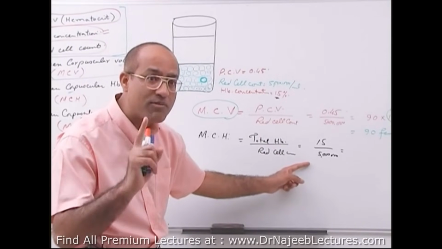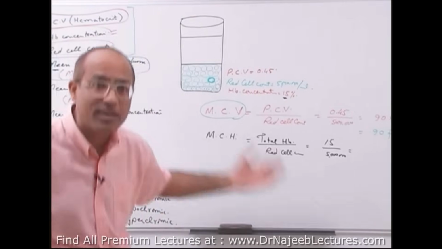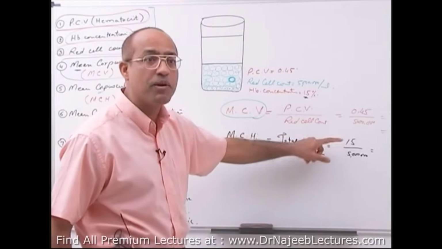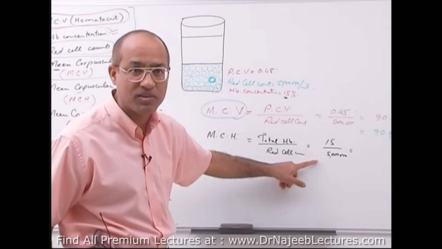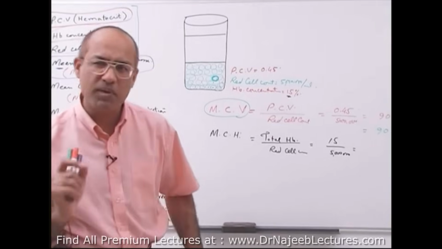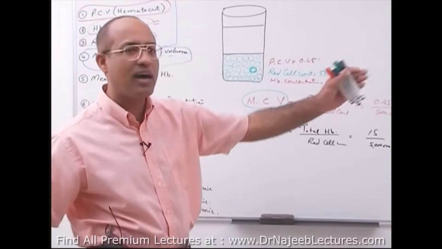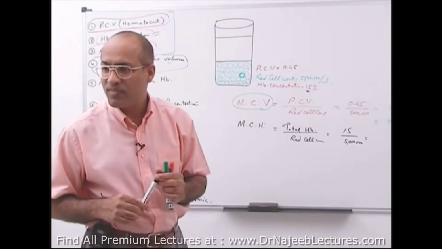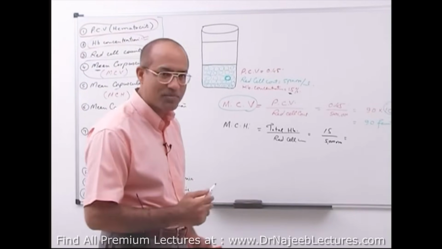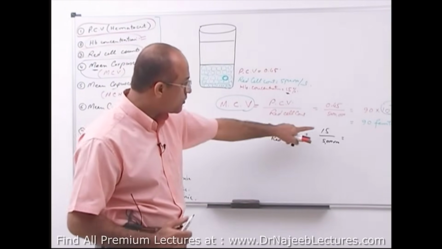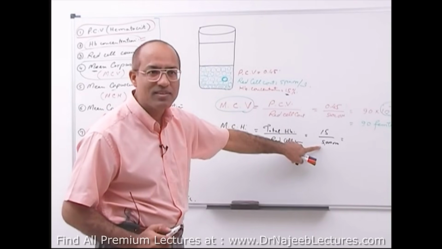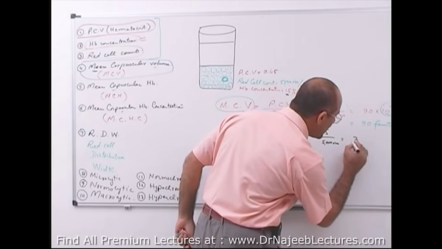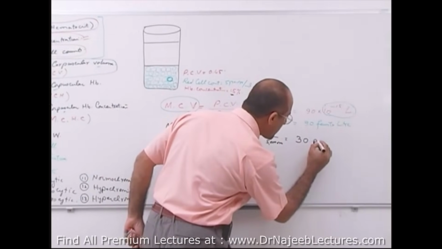In 1 ml there are 5 millions, in 100 ml there are 500 millions. When you divide 15 gram by 500 millions of RBCs, you get the hemoglobin per RBC. Will that be a large amount in kilograms or a very small unit? Very small unit, that is in picograms. So 15 divided by 5 is 3, so actually it is 30 picogram.